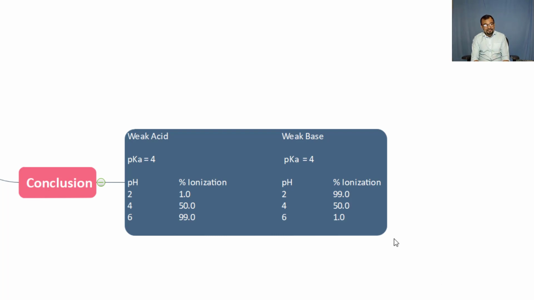But with the weak base, if the compound is weak base, with pH 2, the percent ionization will be 99%. At pH 4, for both the weak acid and weak base, the percent ionization will be 50-50. And at the pH 6, the percent ionization for weak acid will be 99 and for weak base it will be 1%.